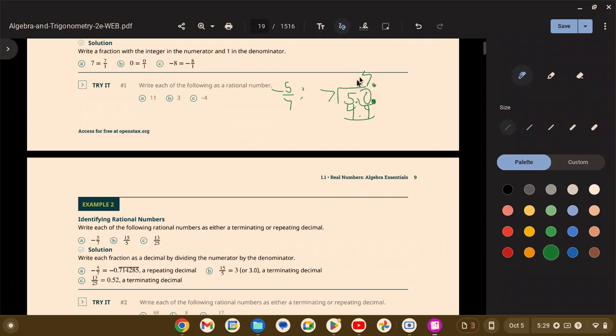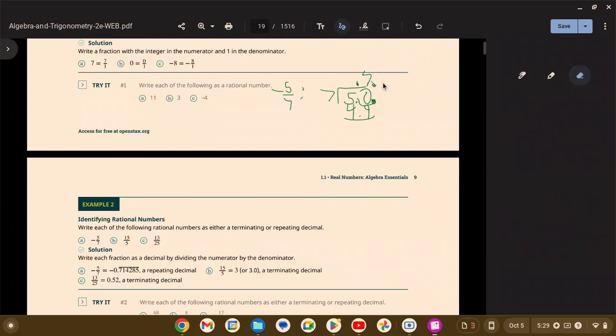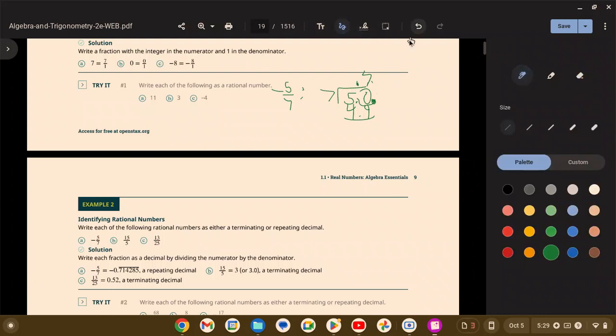Let's get rid of that decimal. So that gives me 1, 0, 1. So 0.71. And if I were to continue doing that, I would eventually get to that answer.